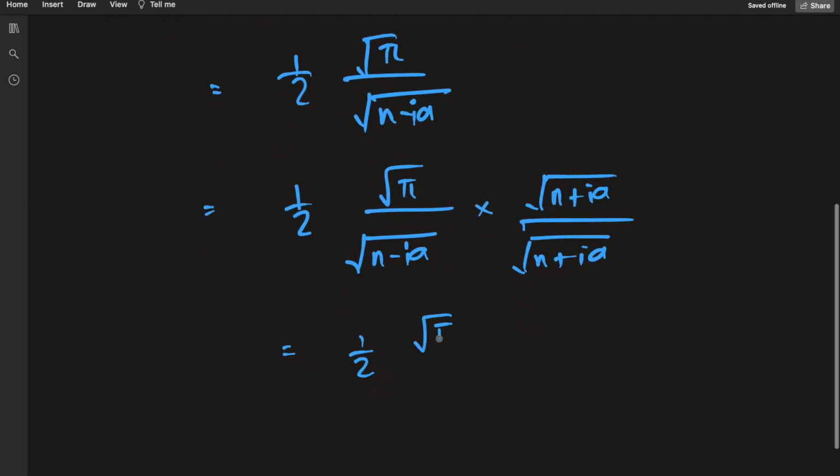Half square root of pi, square root of n plus ia over square root of n squared plus a squared.